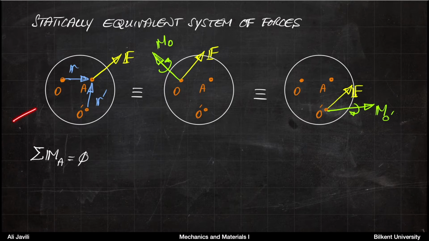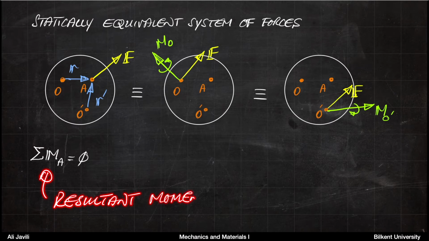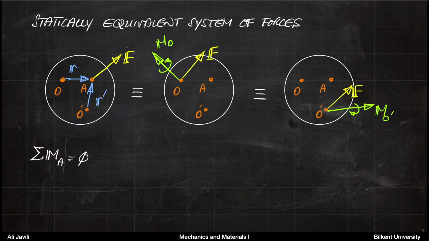We want to know what we can say about the moments of these systems. In the first system, if you write the moment with respect to A, and that would be the resultant moment, so this is essentially the resultant moment about A, or with respect to point A. So if you write that, it would be 0.